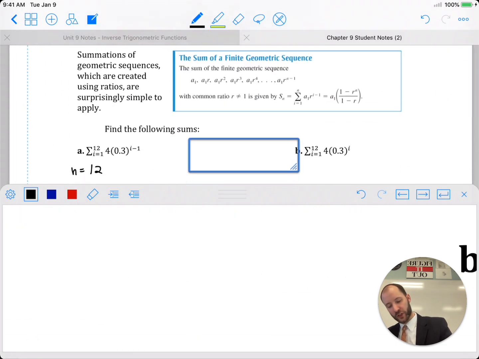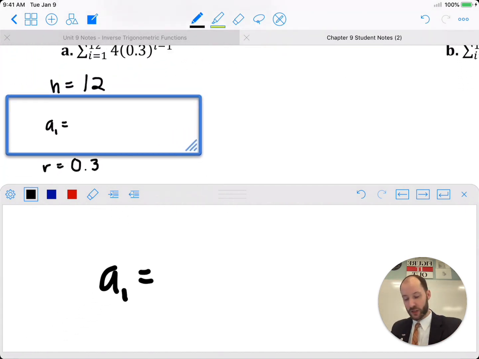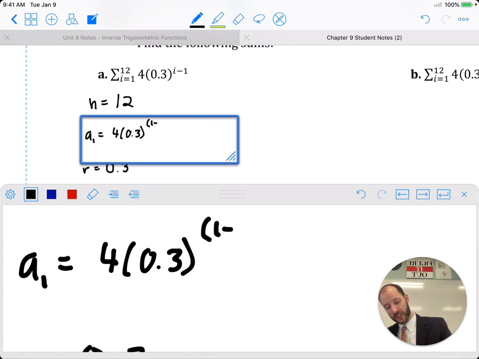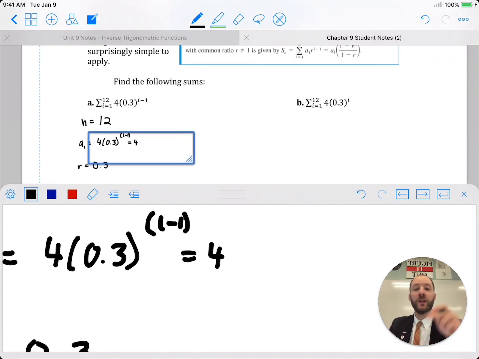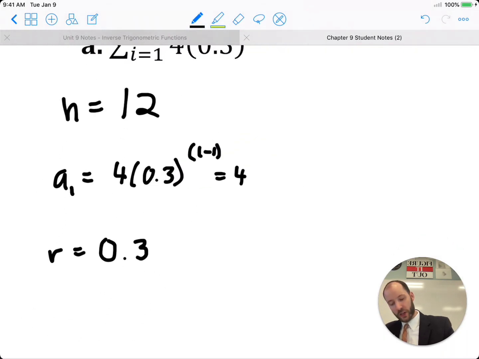And for your first term, it's important that you plug in your lower bound. So 4 times 0.3 to the power 1 minus 1. So 0.3 to the 0 is 1, 4 times 1 is 4. So we have n, we have a sub 1, we have r. We're going to put all those together.